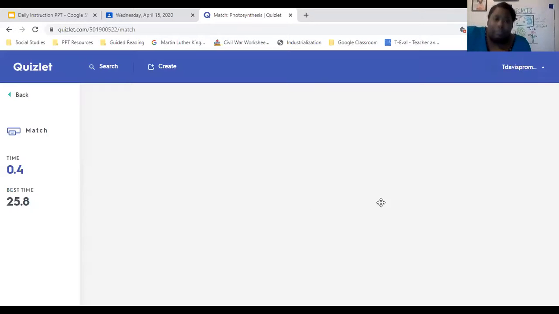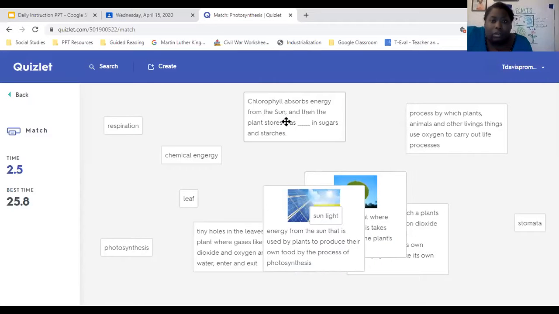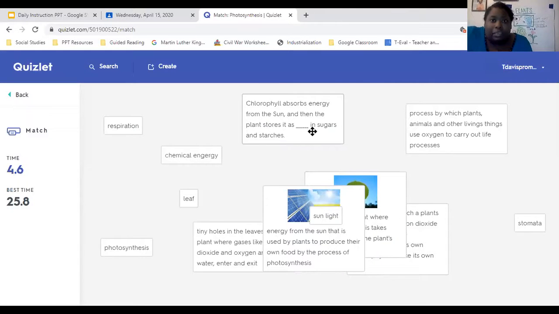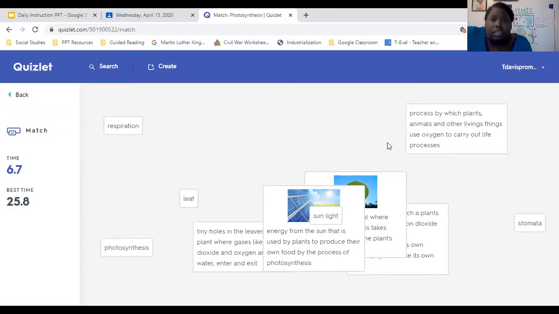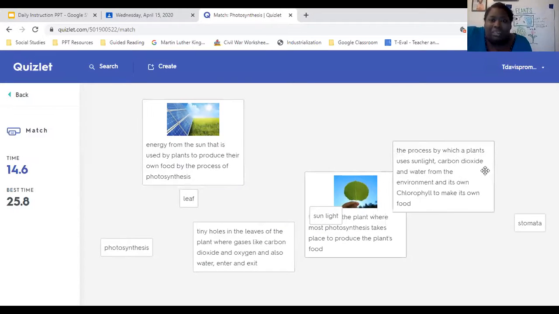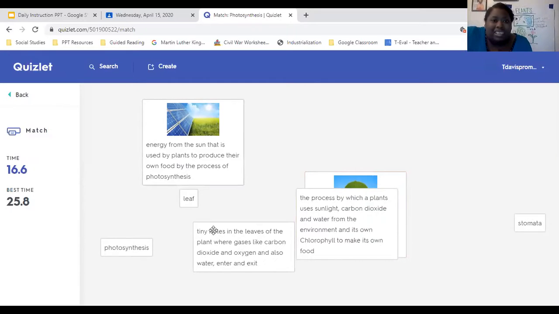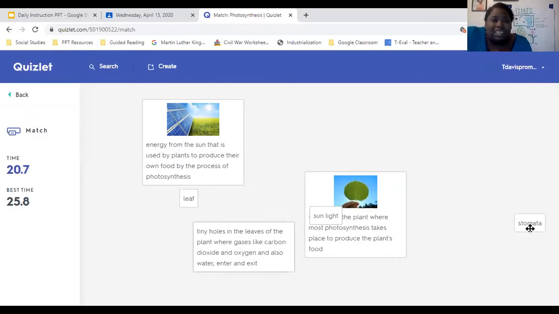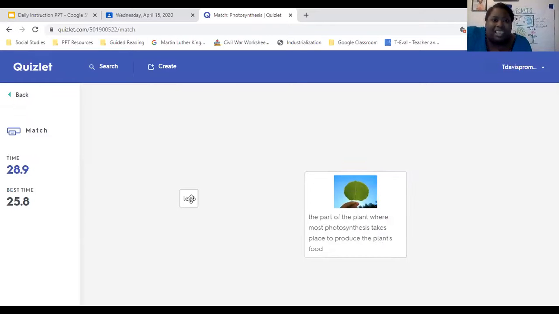All right, let's go. Chlorophyll absorbs energy from the sun, and this is chemical energy. The process by which plants and animals, respiration. Energy from the sun, that is sunlight energy. We'll come back to it, I don't see it. The process by which, tiny holes are stomatas. Sunlight, energy, and leaf.